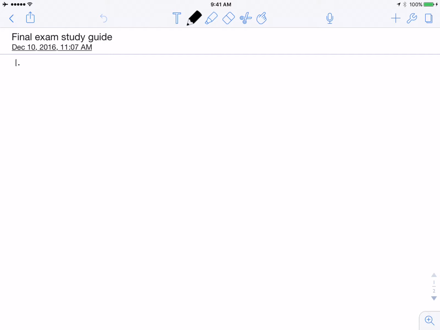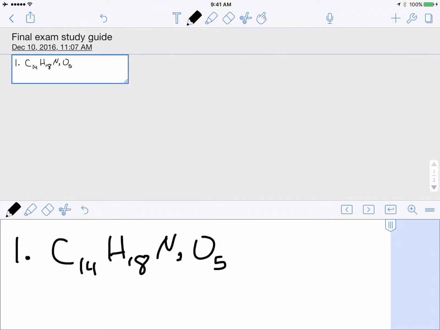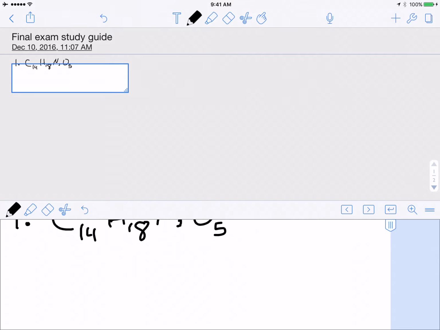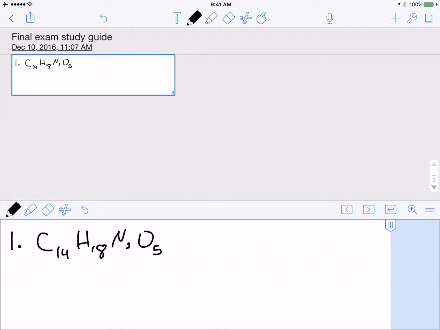So I have a chemical formula here. The chemical formula is C14H18N2O5. To find the mass, we're going to just look on the periodic table and figure out what our masses are.